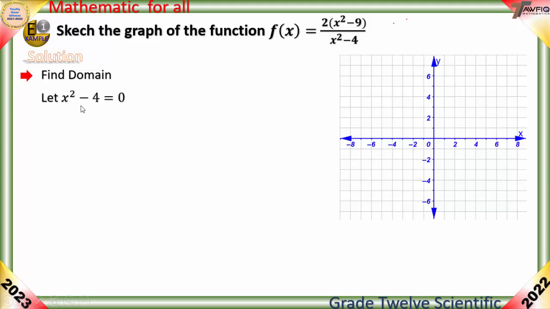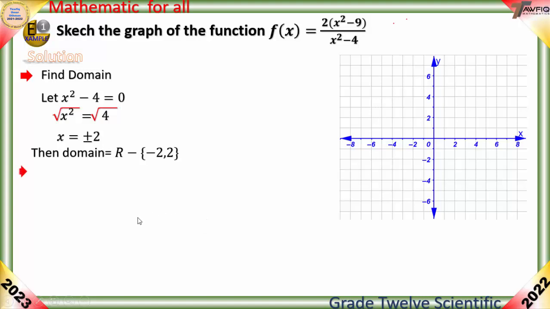By moving minus 4 from left to right, we get that x squared is equal to 4. And taking the square root of both sides, we see that x is equal to plus or minus 2. That means the domain of this function is all real numbers except minus 2 and 2.